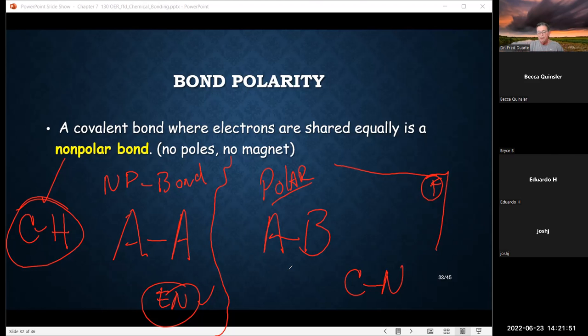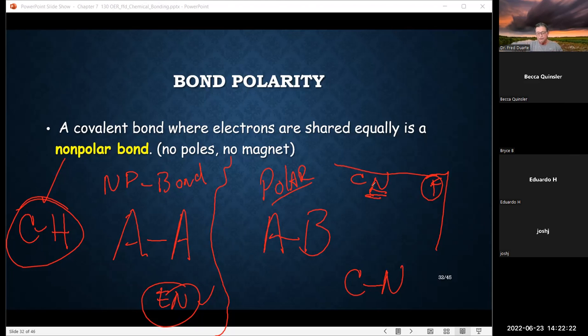Well, to answer that, we go to the periodic table, and carbon's about right here. Nitrogen's about right here, on the periodic table. So that tells me that nitrogen is a lot more electronegative than carbon. So then in this carbon-nitrogen bond, the nitrogen is pulling the electrons onto itself much greater than the carbon.